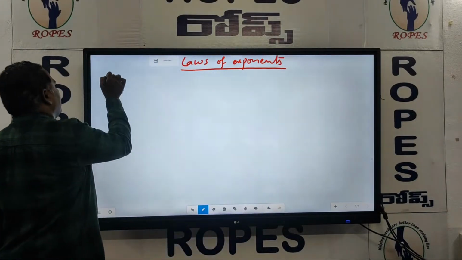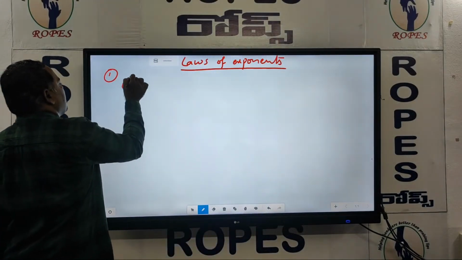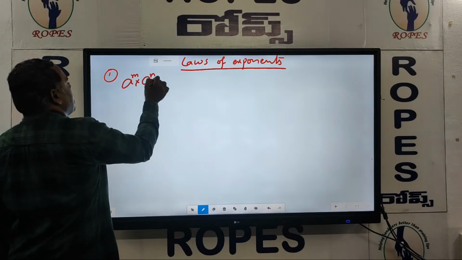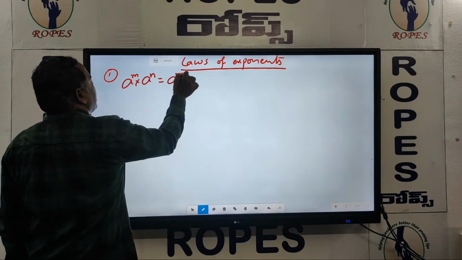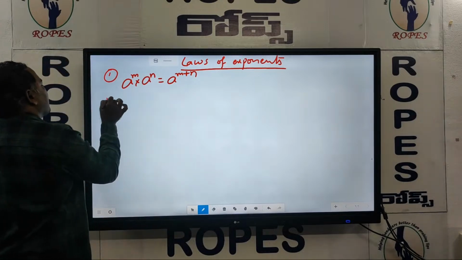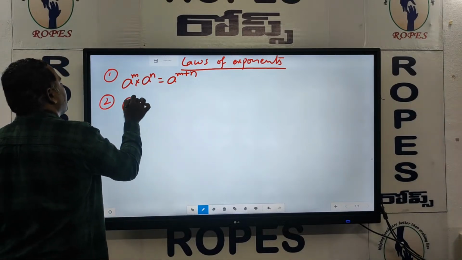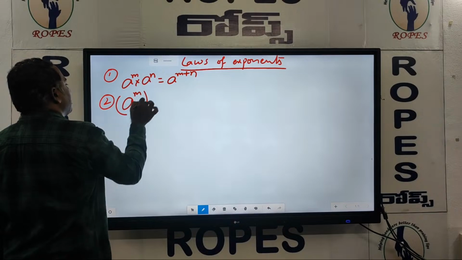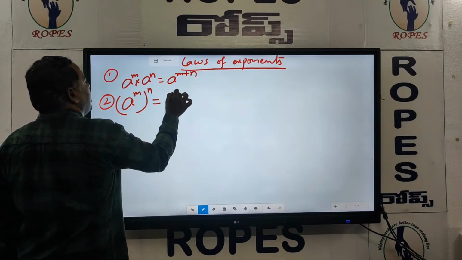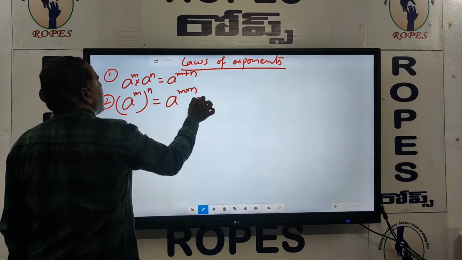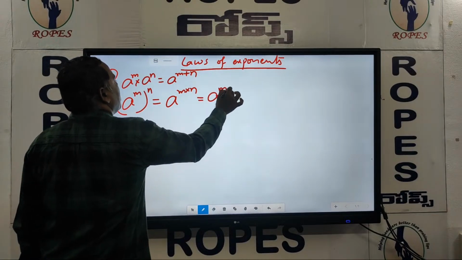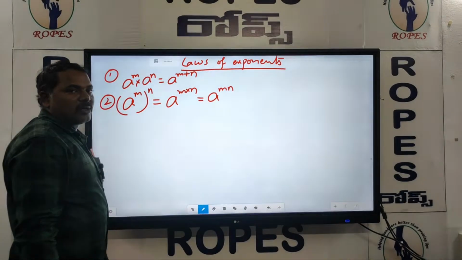First one, a power m into a power n is equal to a power m plus n. And second one, a power m whole power n is equal to a power m into n, that again we can write as a power mn. If any symbol is not there, it means into.